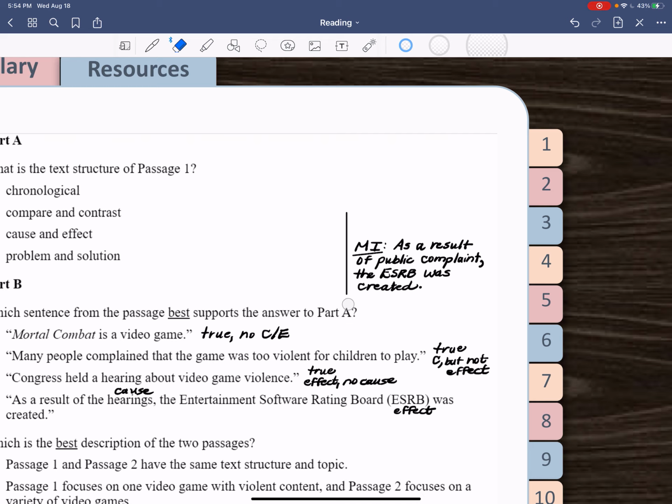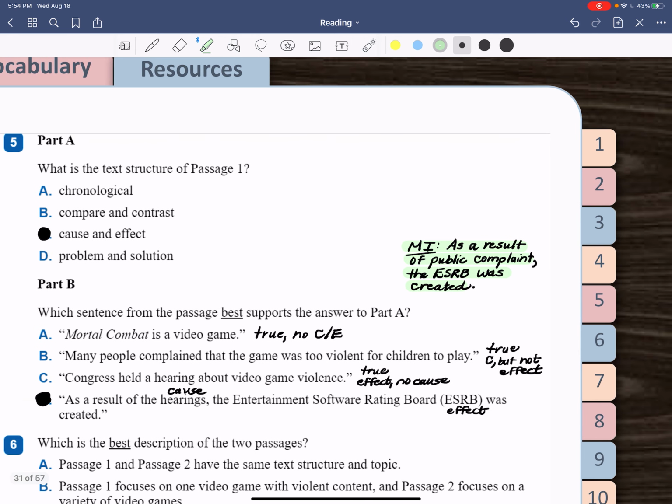I'm telling you guys, this works. This will help you pass a reading test. There's what I came up with. As a result of public complaint, the ESRB was created. As a result of the hearings, the ESRB was created. Those are almost word for word. It works. It takes practice, but it works.